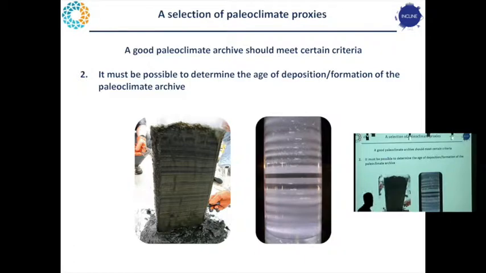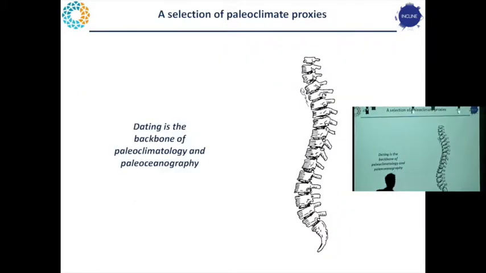And these are now some examples of dating, getting good age models. This is crucial, as crucial as it can be. Dating is the backbone of paleoclimatology and paleoceanography. We cannot have good paleoclimate, paleoceanographic records without accurate dating.